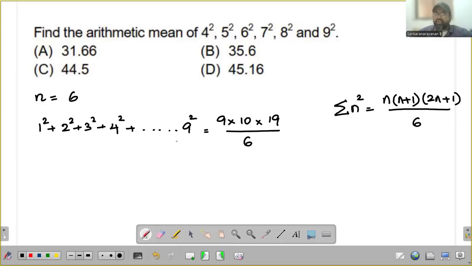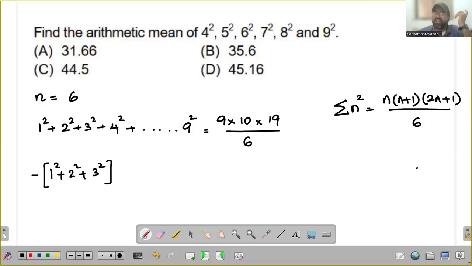So first you calculate this value. And then from this, you remove 1 square, 2 square, and 3 square. From that total, you just exclude this 1 square plus 2 square plus 3 square. That you can do easily.